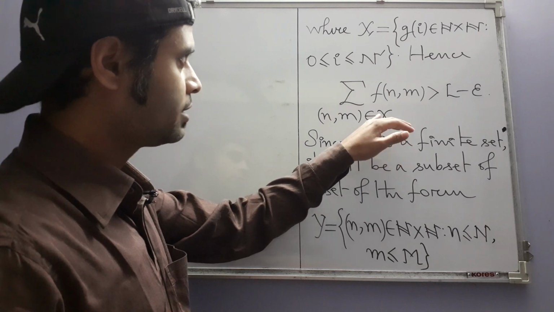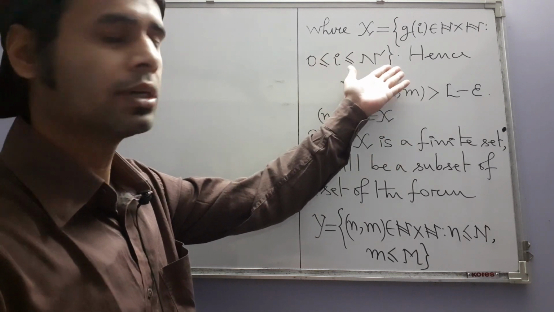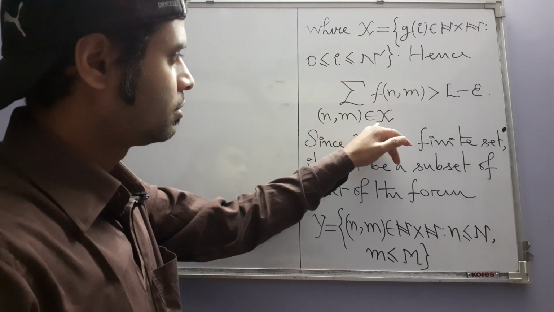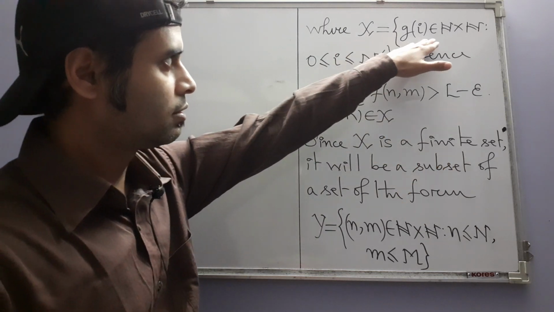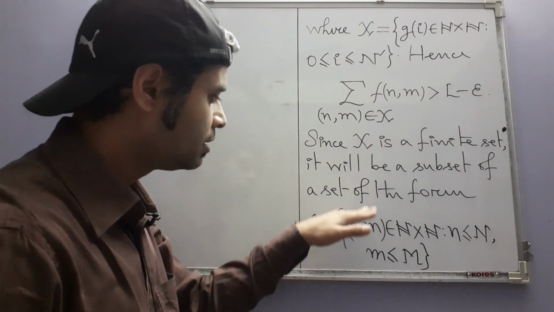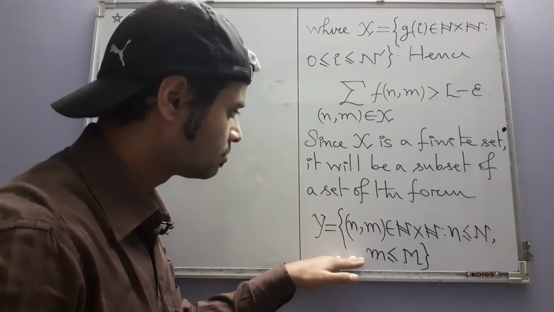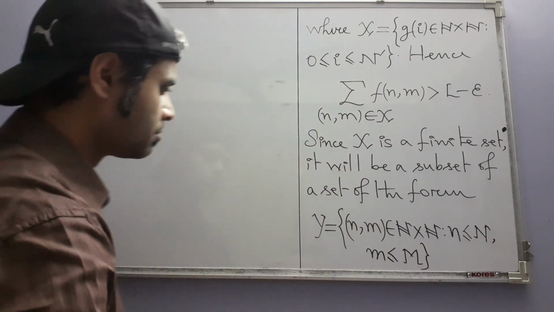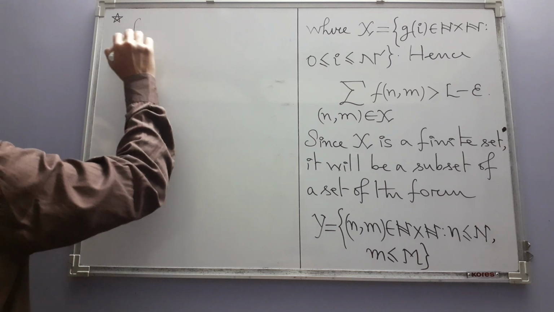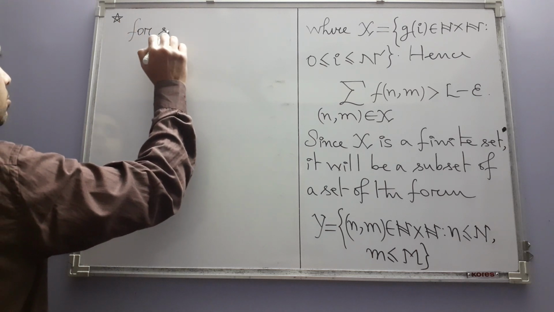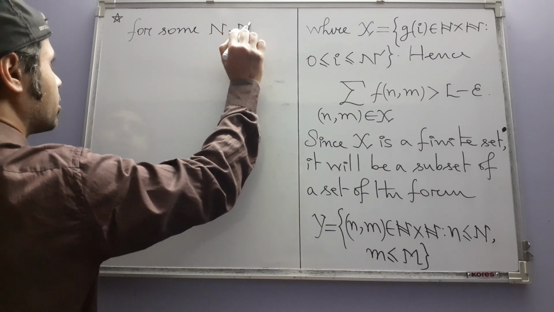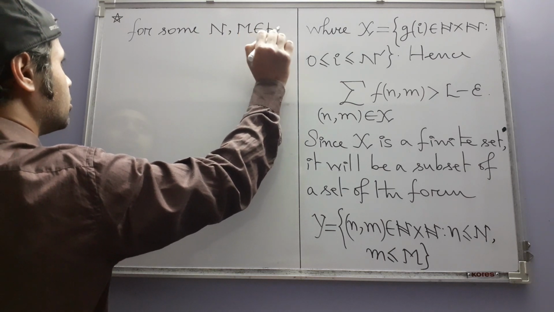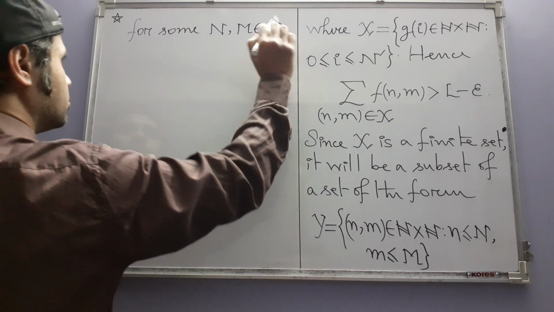Any such x means our x is a specific x here. That x, because it's a finite set and is a set like this, it will be a subset of some such y, for some natural numbers N and M.